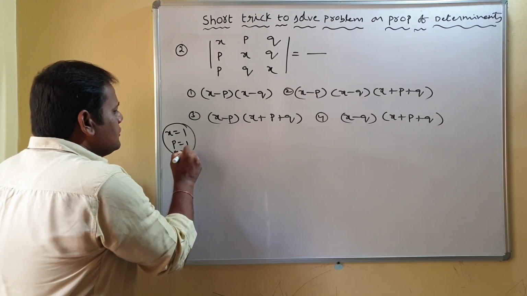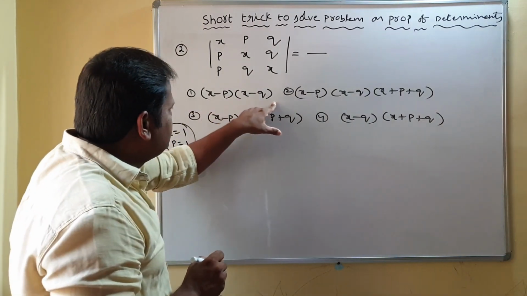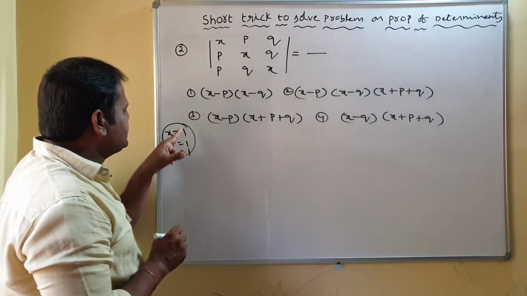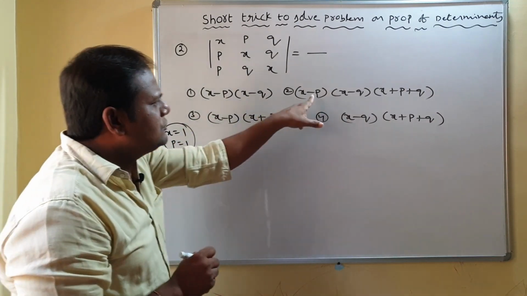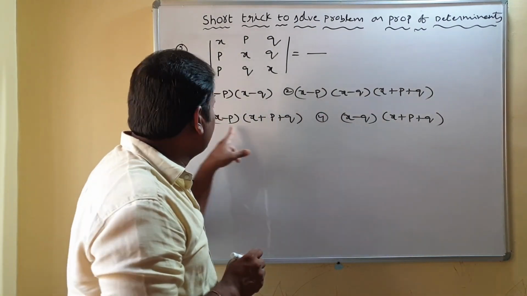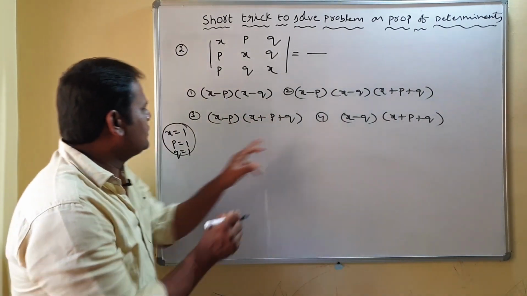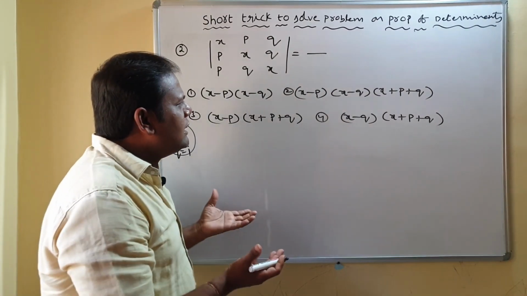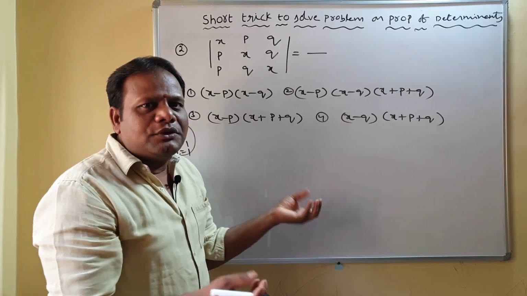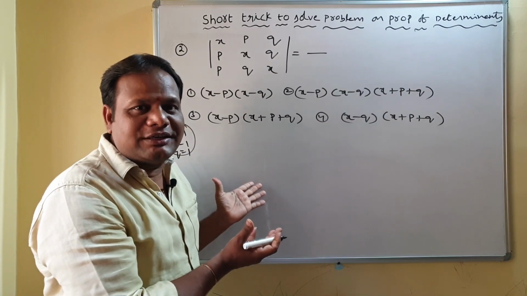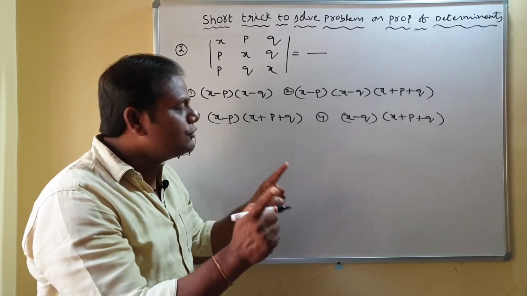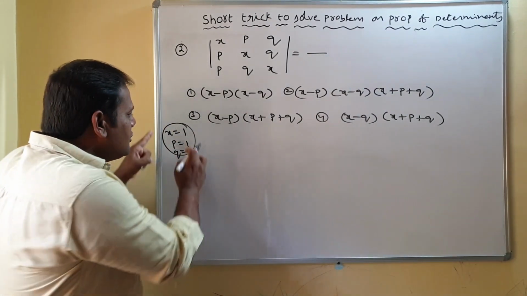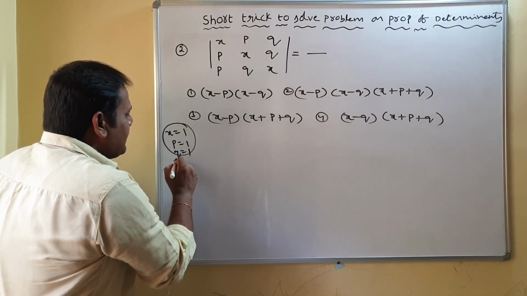Then the first option, x minus p, becomes 0. This becomes 0, this becomes 0, so every option gives 0. So really it is confusing to identify the answer. You must be very careful while choosing the numbers.